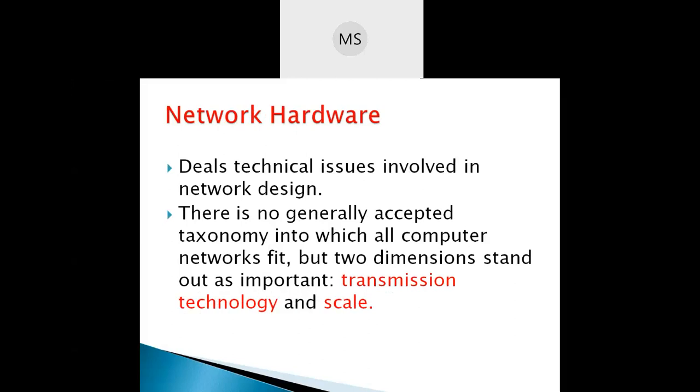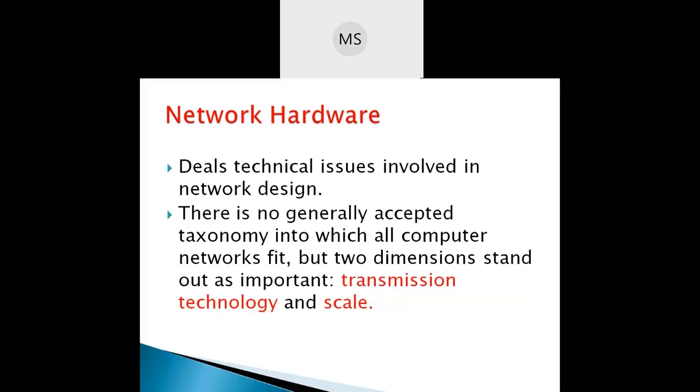And now it's time to discuss network hardware. In a computer network, what type of hardware are we using? Blindly, by closing your eyes, you can say that in a computer network, the hardware part is the computer and the connecting wire. The connecting wire we can call a transmission technology.